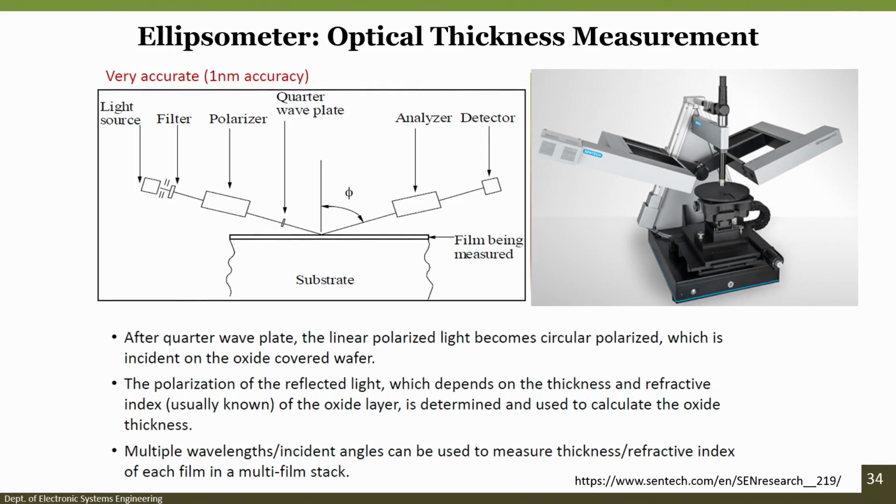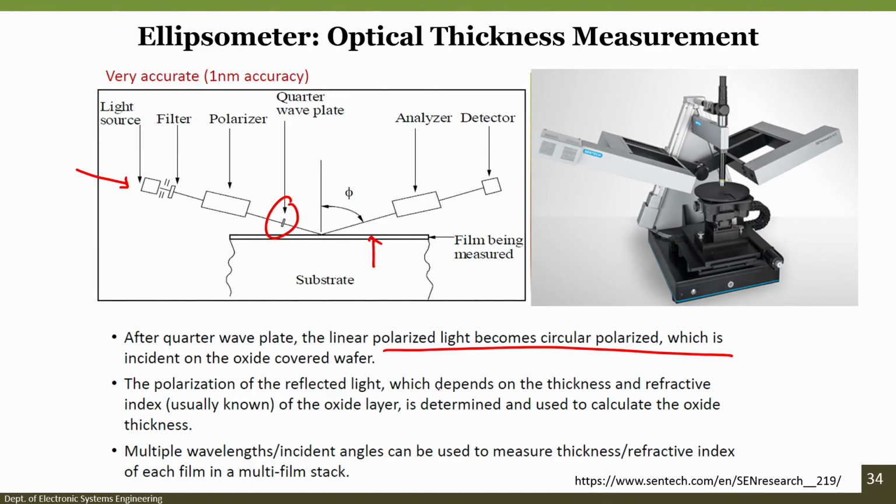And when you incident the light, after this quarter wave plate, the linear polarized light becomes circularly polarized, which is incident onto the oxide covered wafer, which is this one.